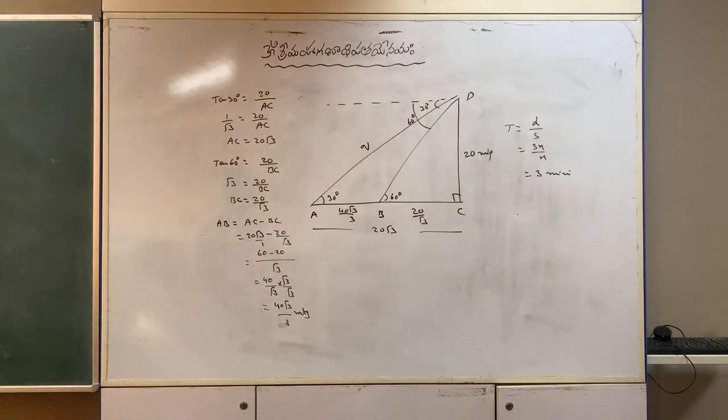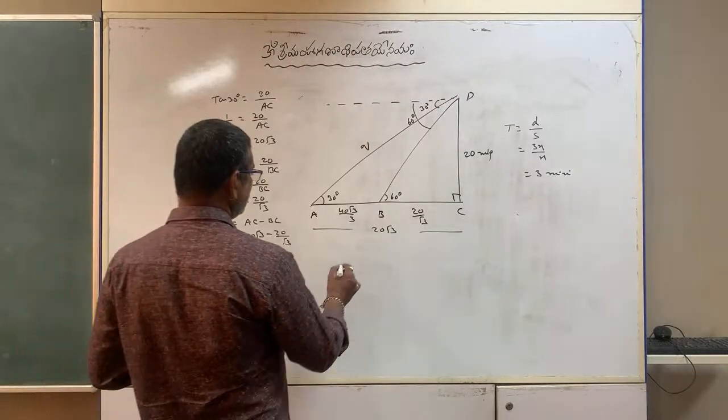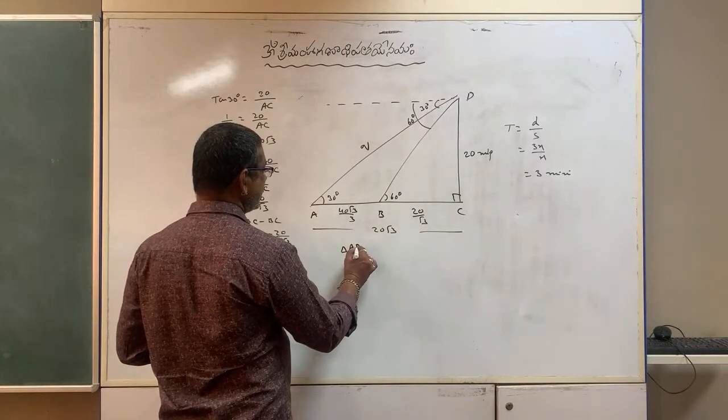Now he is asking to find out AD, the distance between the observer and the boat at A.